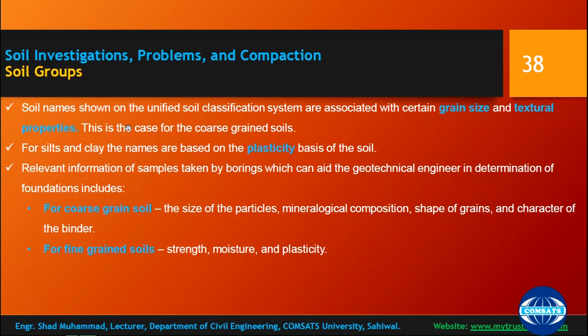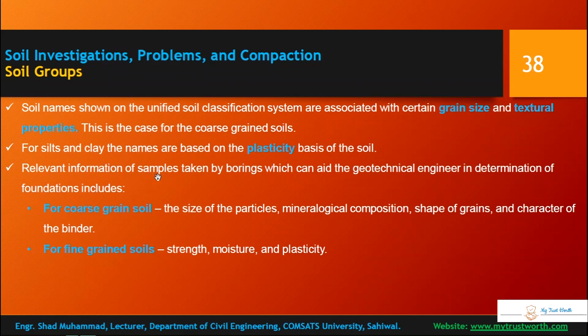Soil names shown in the Unified Soil Classification System are associated with certain grain size and textural properties. This is the case for coarse grained soils, and for silt and clay the names are based on the plasticity of the soil. So coarse grained gravels are classified on texture properties, and fine soils are classified based on plasticity.